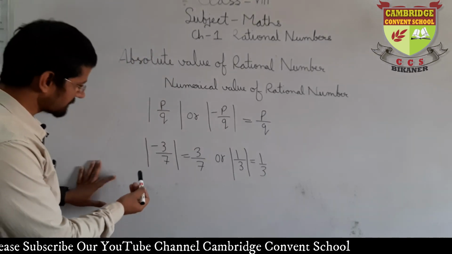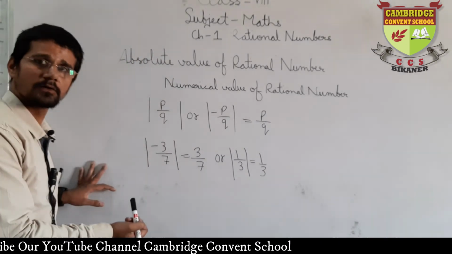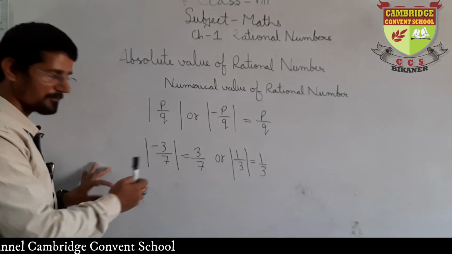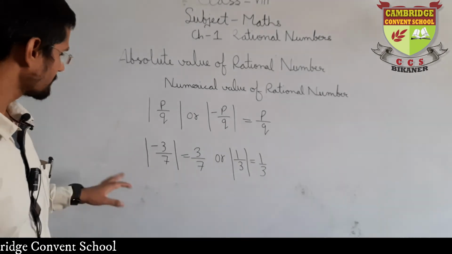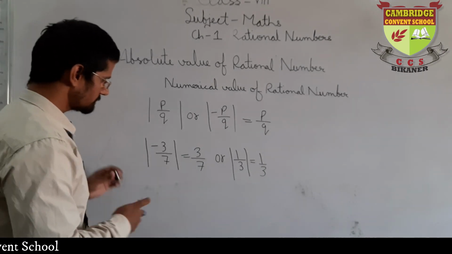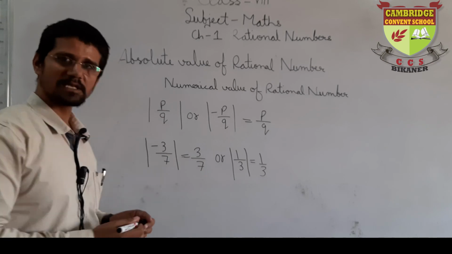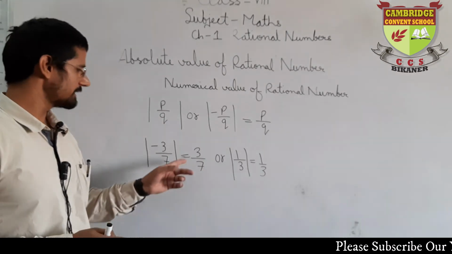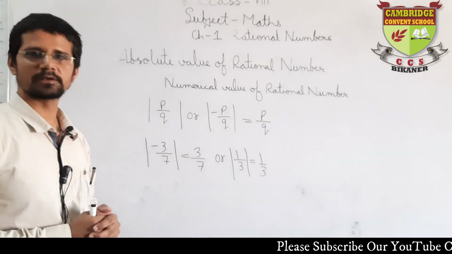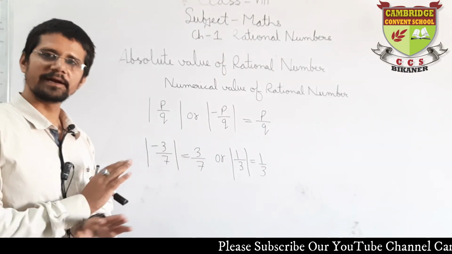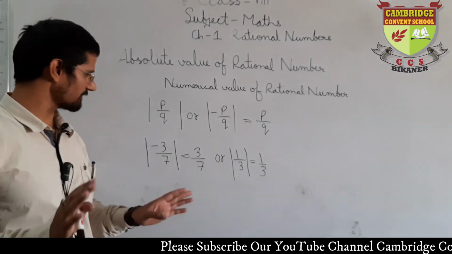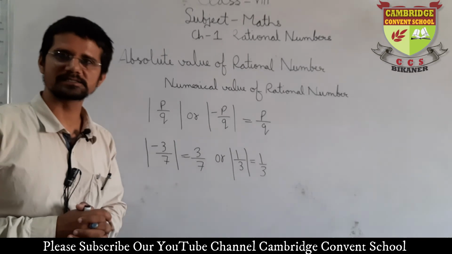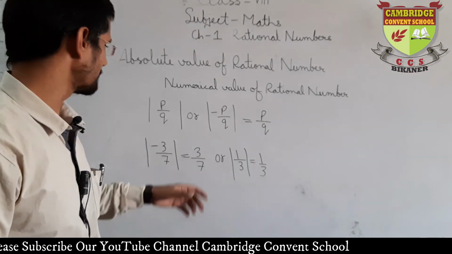It is read as absolute value of minus 3 upon 7, or modulus of minus 3 upon 7, or mod of minus 3 upon 7. It is equal to 3 upon 7. We only have to consider its numerical value, that is 3 upon 7. We don't have to do anything with its sign.